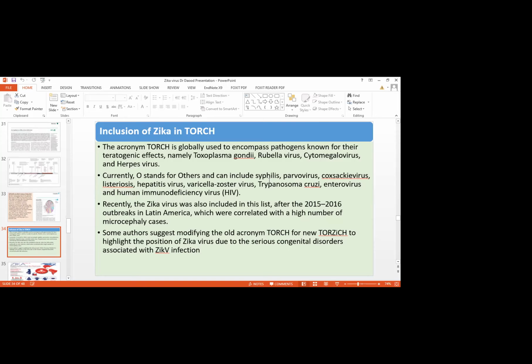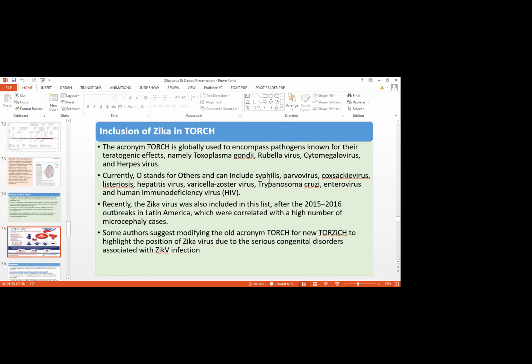Zika virus was recently added to the list after the 2015-16 outbreak in Latin America, and some authors suggest modifying the old acronym TORCH to the new TORZICH, to highlight the position of Zika virus due to the serious congenital disorders associated with it.